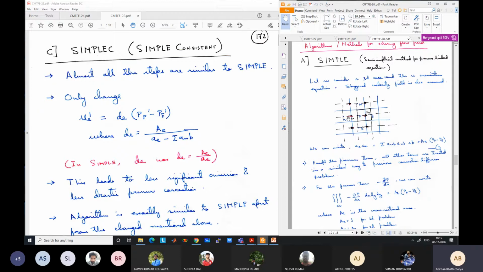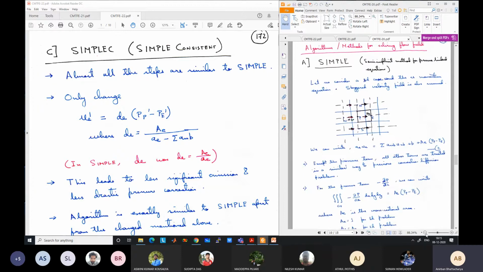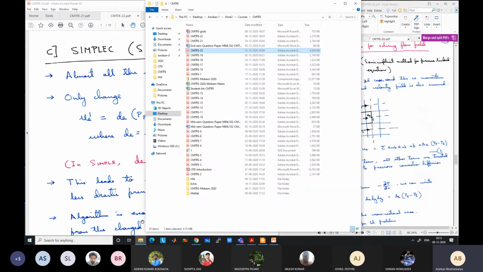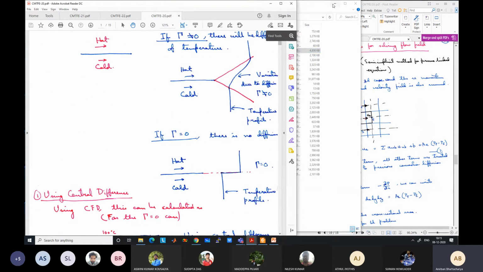And for the velocity control volume, I will just recap this. We will keep the larger image open here, because we have to refer to it again and again.